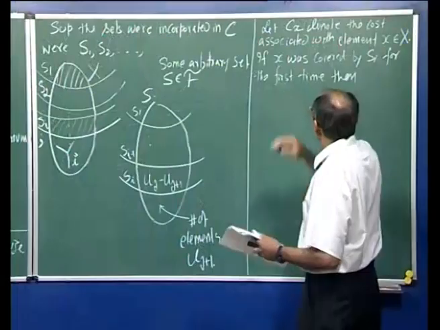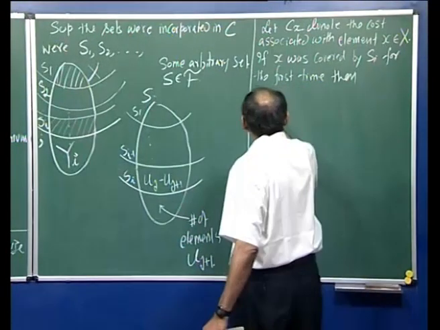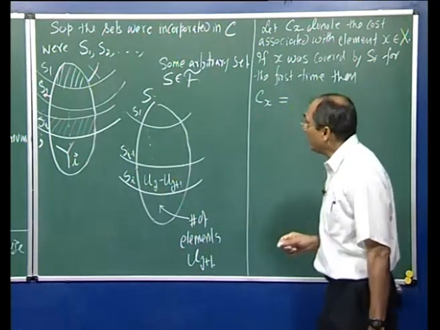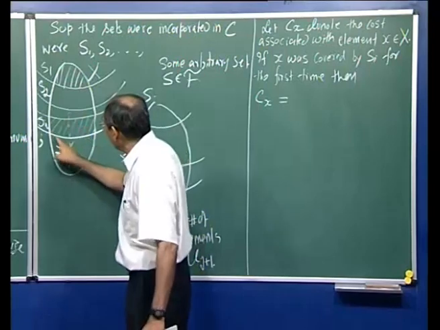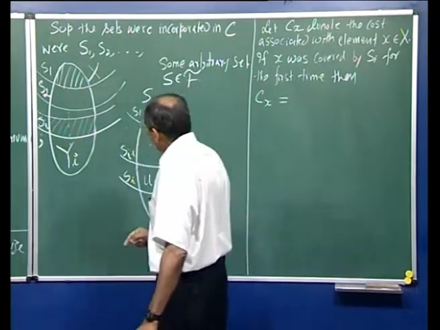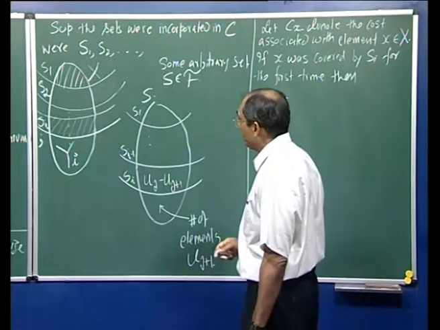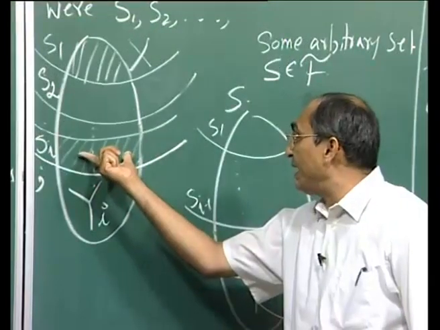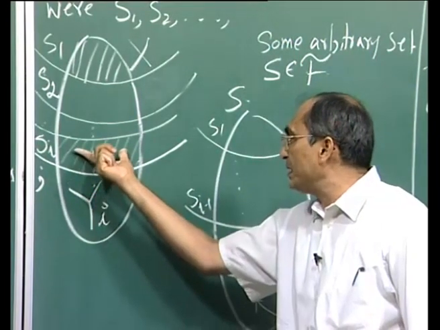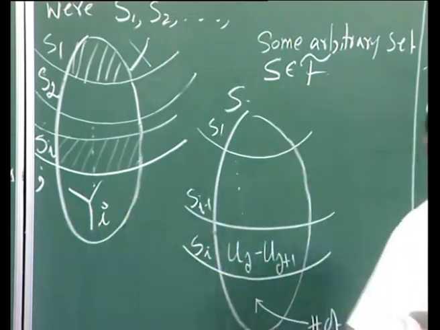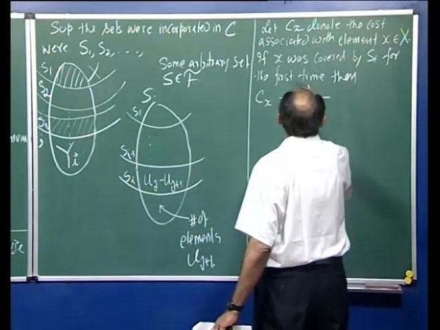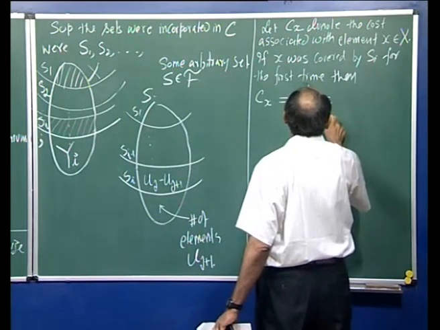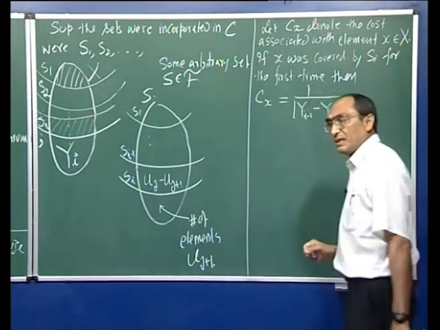That would be Cx. So, Cx will be 1 over the cardinality of this section, which is Yi minus 1 minus Yi. So, this is 1 over the cardinality of Yi minus 1 minus Yi. Is that clear?